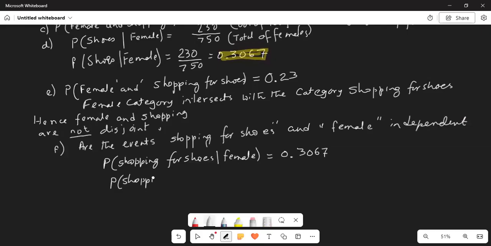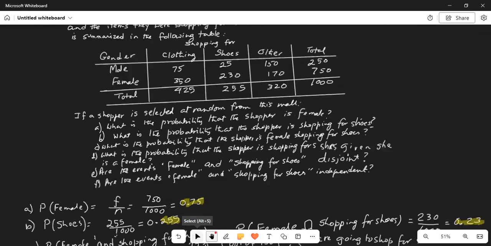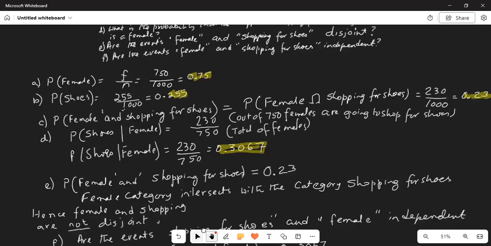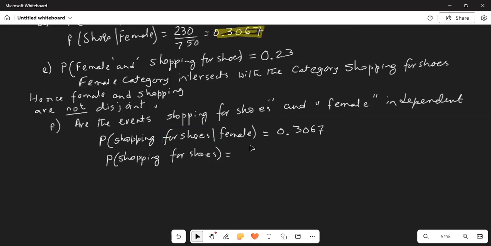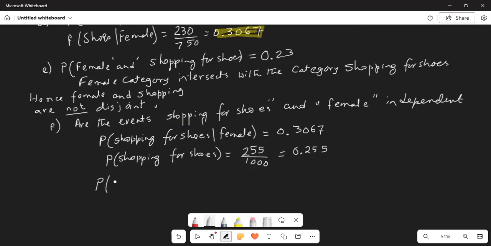We take into consideration all the people who are going to shop for shoes, and for that we have to look at the data in the table. How many people are shopping for shoes is 255 out of 1000. This is the total sample size. So the probability of shopping for shoes is 0.255.